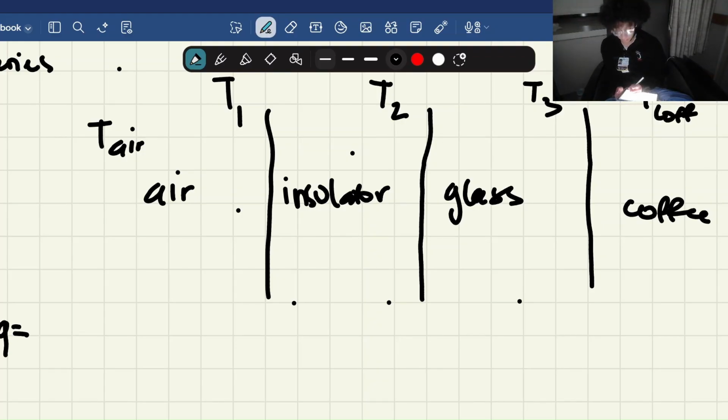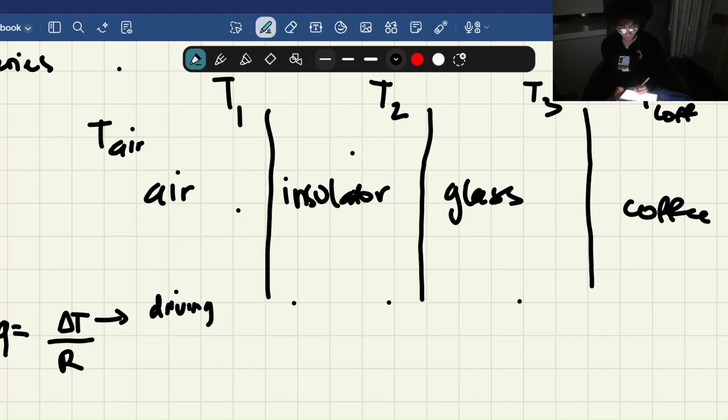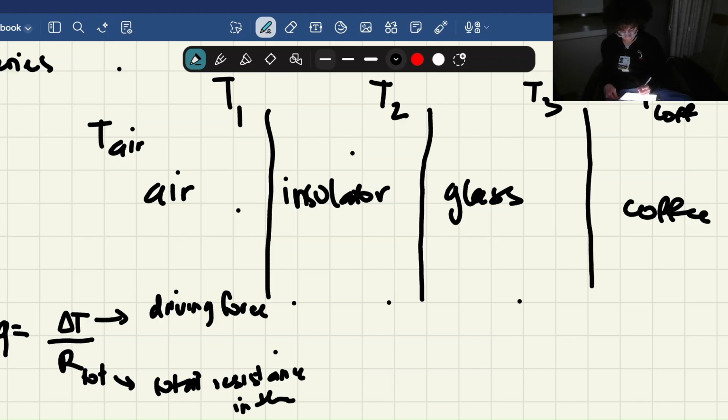So we have Q is equal to delta T over R. So delta T is the driving force, and then R total is the total resistance in the system, and then just heat. So we're gonna write this equation for each of these different Q individually.